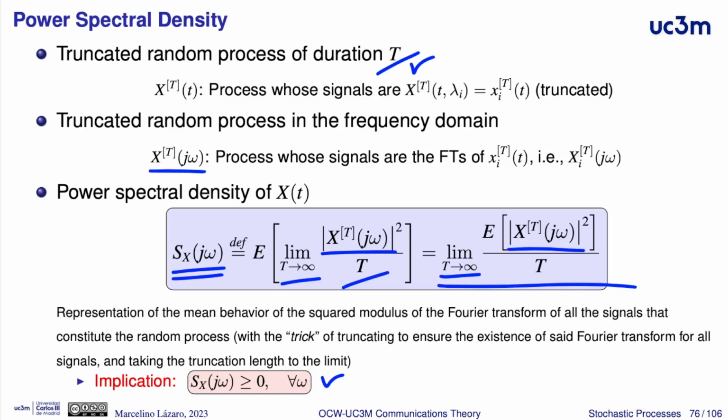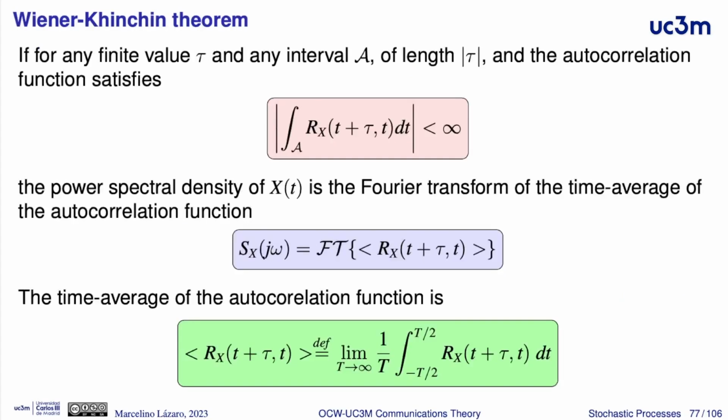To compute the power spectral density from this definition in general can be difficult. However, the power spectral density is related with the autocorrelation function of a random process. And the Wiener-Khinchin theorem states how to compute the power spectral density from the autocorrelation function.